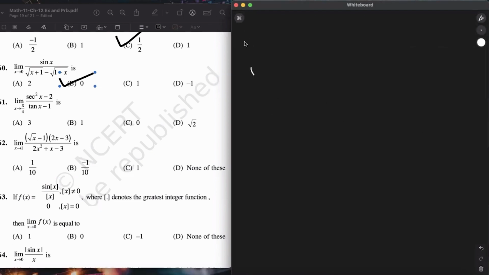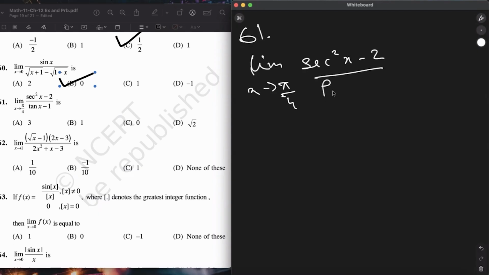Let's do question number 61. It has been given to me that limit for x tending to pi by 4 of (sec square x minus 2) over (tan x minus 1). Sec square can be written as 1 plus tan square x, minus 2.